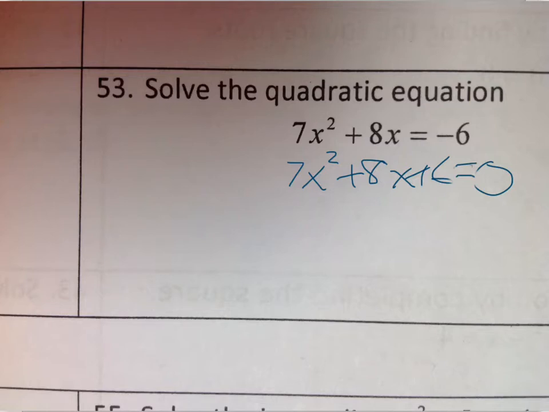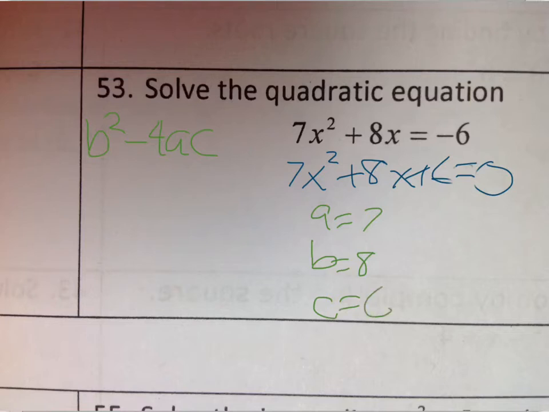Remember the discriminant formula is b squared minus 4ac, where a is 7, b is 8, and c is 6. So that means that I'm going to have 8 squared minus 4 times 7 times 6. And that's going to give me negative 104. Now, we talked before, if you have a negative discriminant, that typically means you have no solutions. However, you have no real solutions.